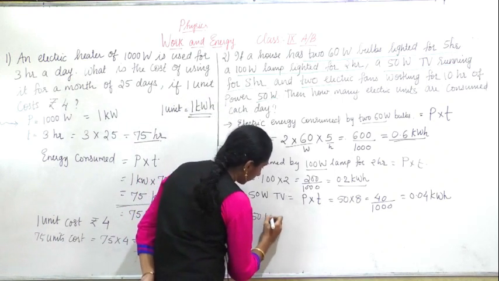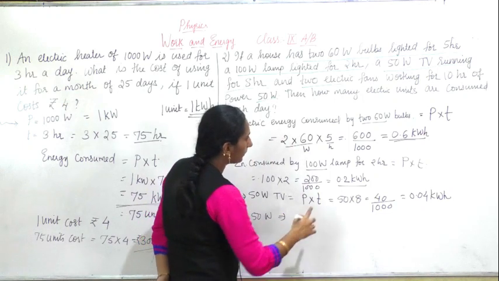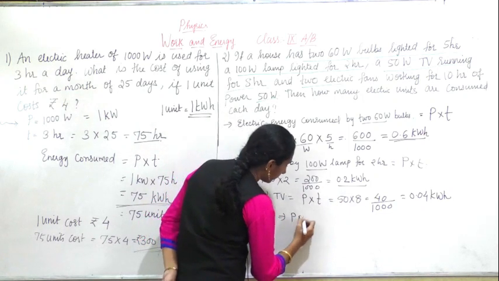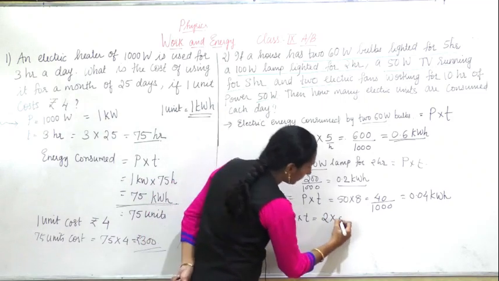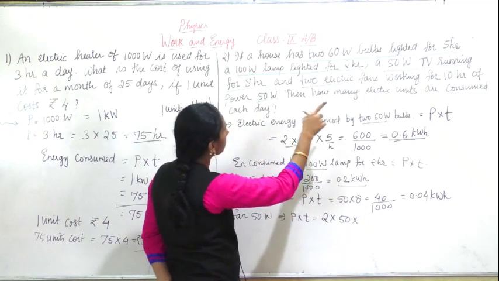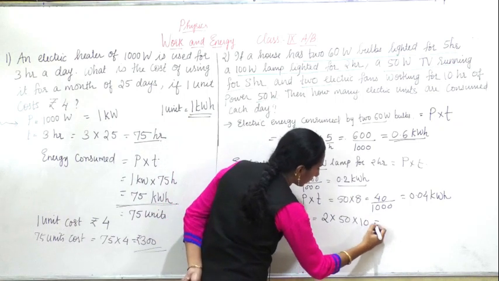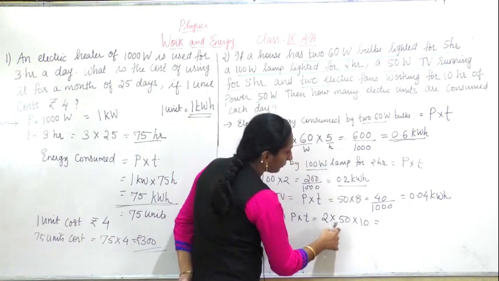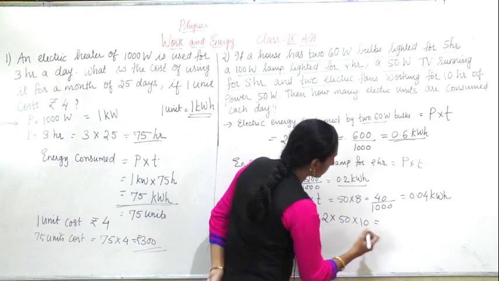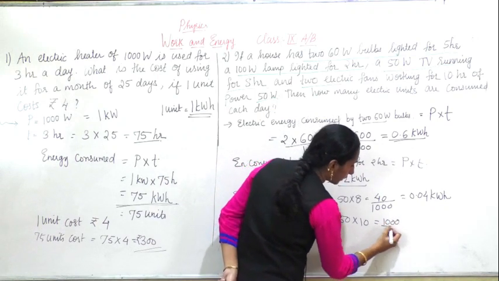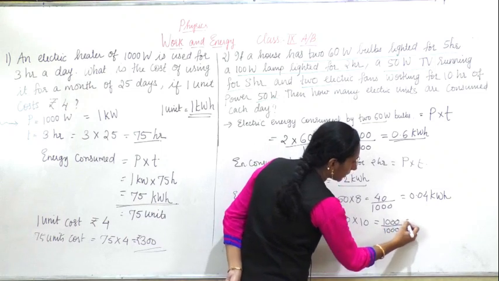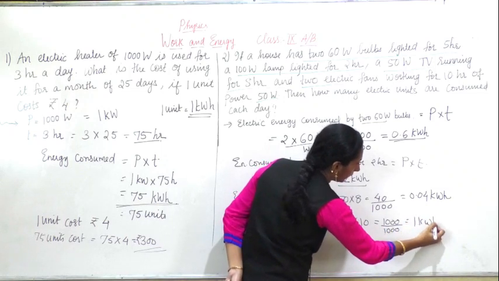Now power into time: as there are 2 fans, I will write 2 first. The power of the fan is 50, and the time it is working is 10 hours. So 50 into 10 is 500, into 2 is 1000 watt hour. For kilowatt hour you will again divide it by 1000, and you will get 1 kilowatt hour.